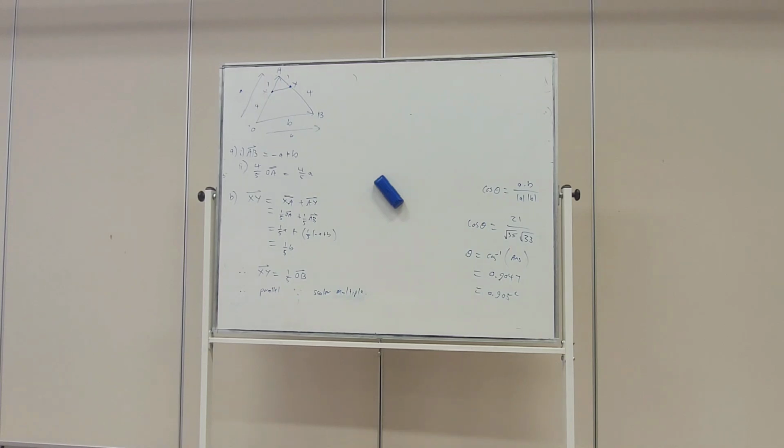So XY is 1/5 of vector OB, and therefore they're parallel because they're scalar multiples of one another.